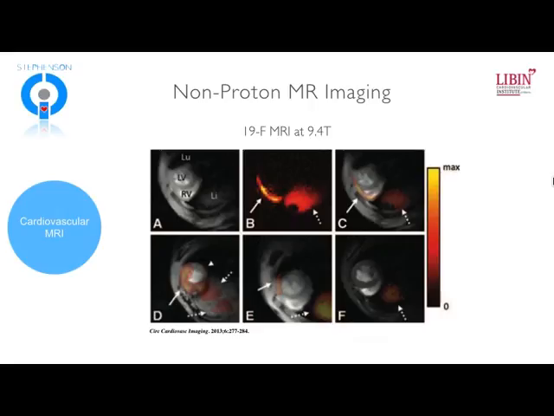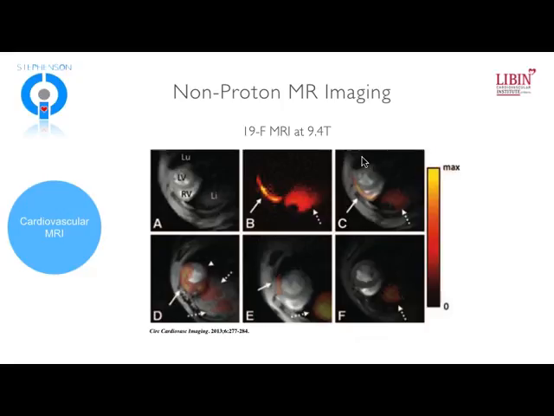In fact, so little that even if we tune our scanners to that frequency, we won't see very much. If we actually put fluorine-19 into perfluorocarbons that we can inject into the system, they'll actually get taken up by macrophages. And in high enough concentration, when we're at high field strength, we'll get significant signal.